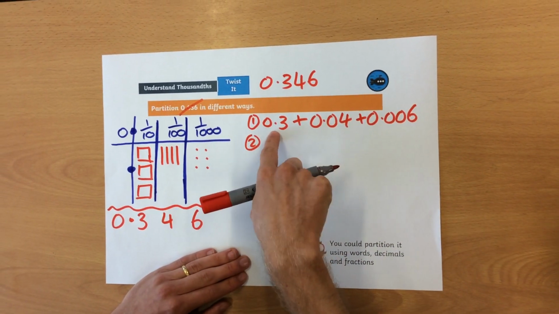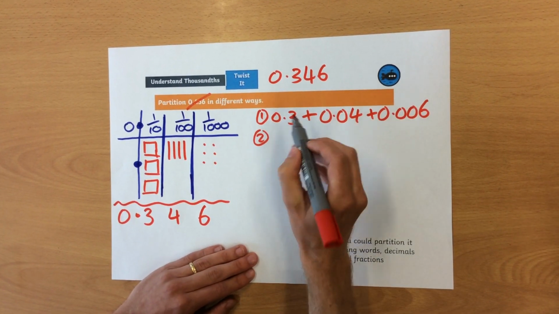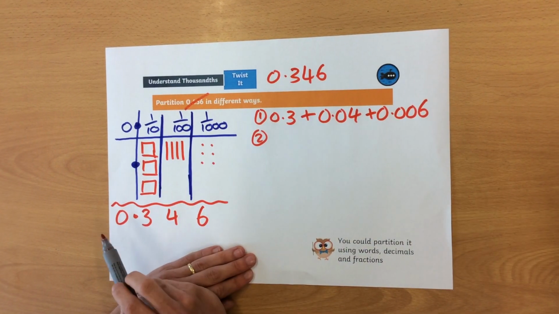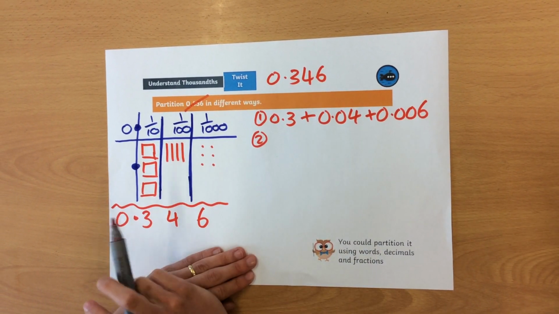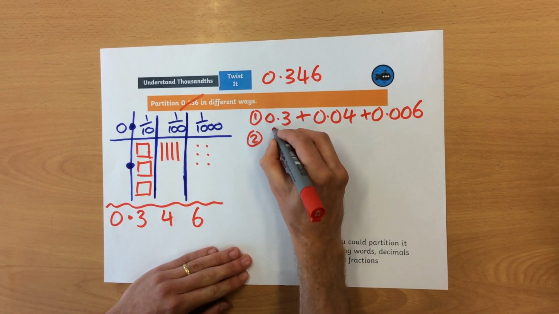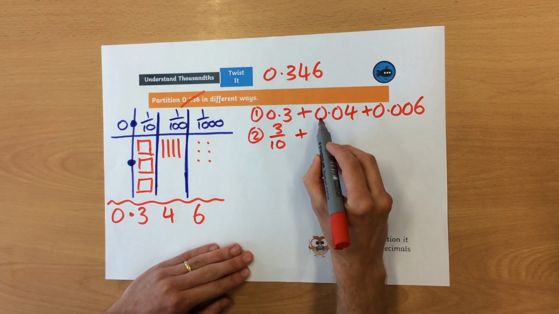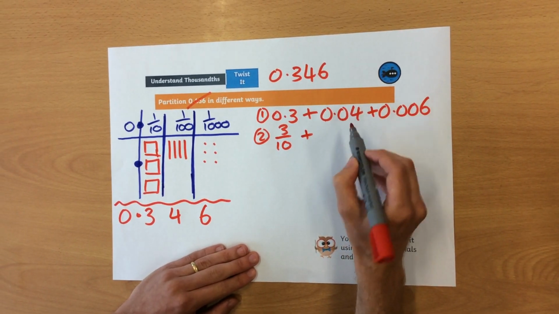Next, I'm going to look at my fractions. I'm going to just transpose this from decimals into fractions. Now, we did a little bit of that before. So 0.3 as a fraction, well, I'll go back to my place value grid, and that's why this is really key to start off with. 1, 2, 3 tenths. So 0.3 is the same as 3 tenths. Plus 0.04, 4 hundredths.